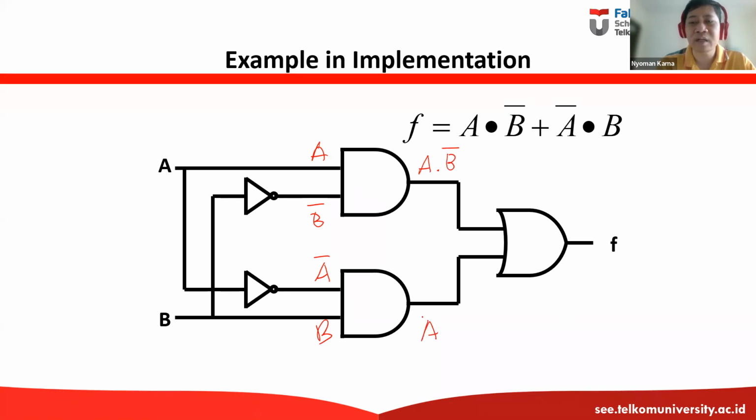And then this one is A not times B. And then this one is OR, so it becomes A B not plus A not B.